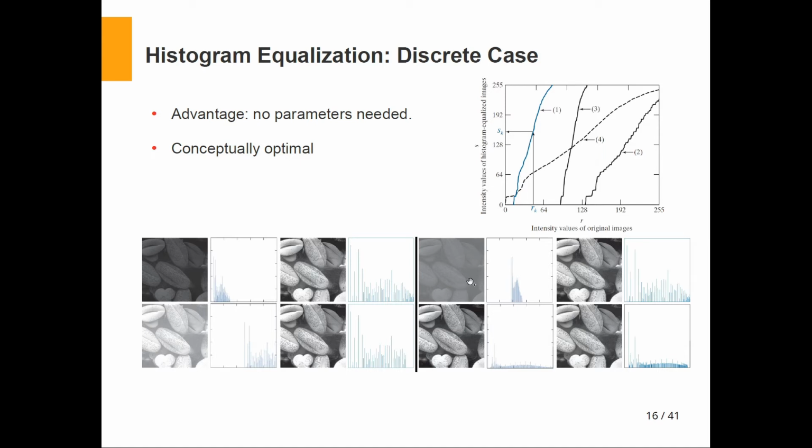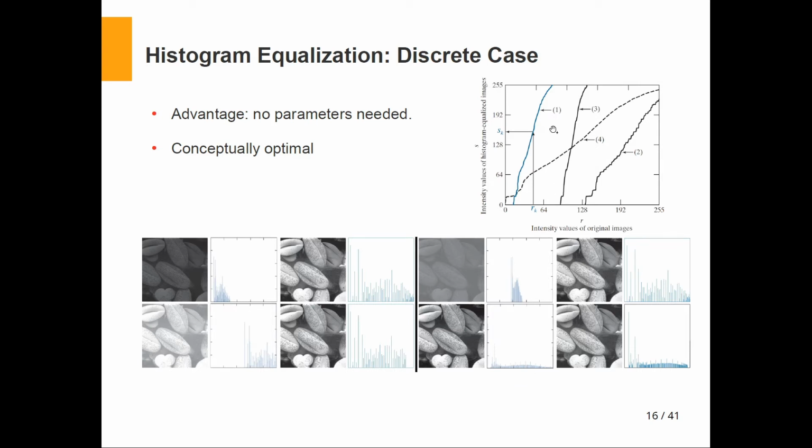For the low contrast image, in which the intensity values were only around a very narrow range of the possible intensity range, we basically see the same thing. But on the other hand, for the originally good contrast image, we don't see that much difference between the histogram equalized and the original image.